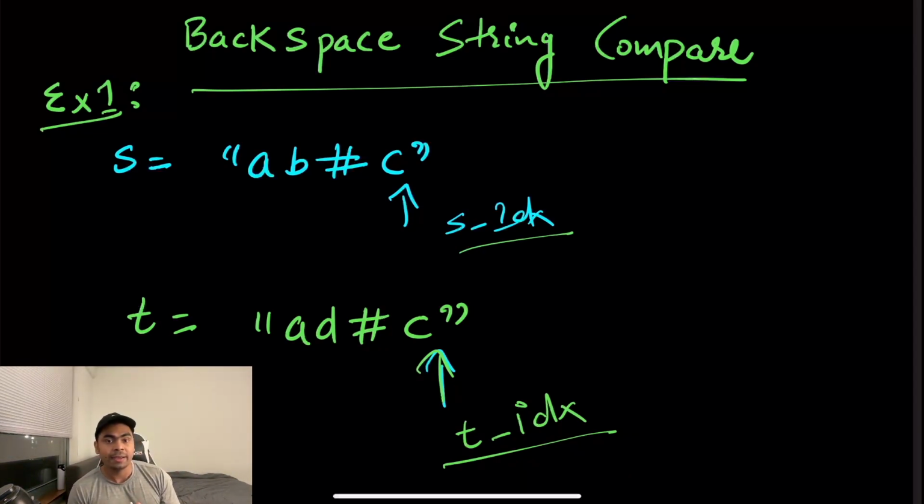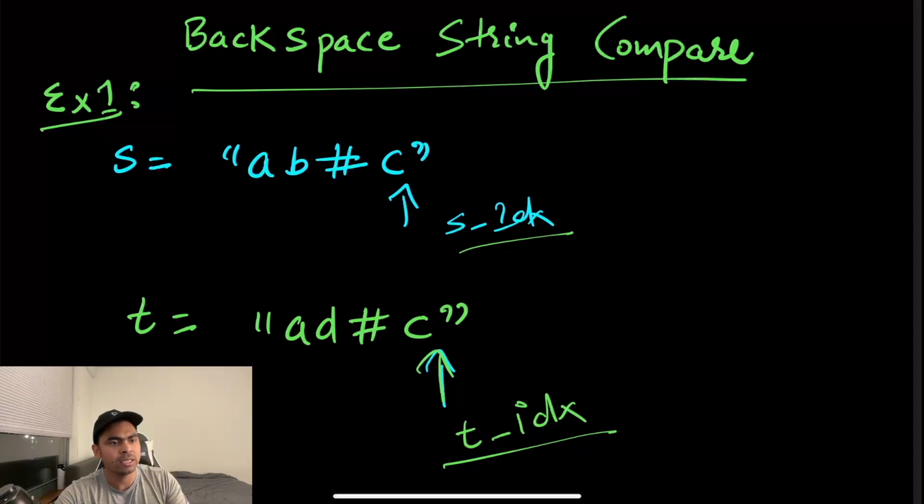I will check if this is a valid character, then I will check if they are equal. What does it mean by a valid character? It means I will have a helper function to check that it has been typed and there is no pound key after it.